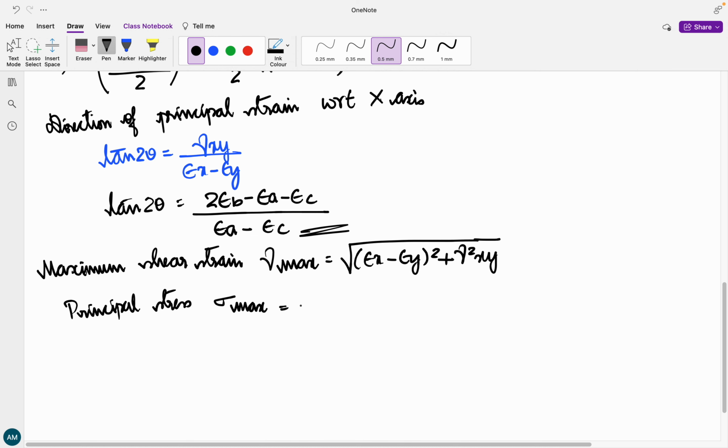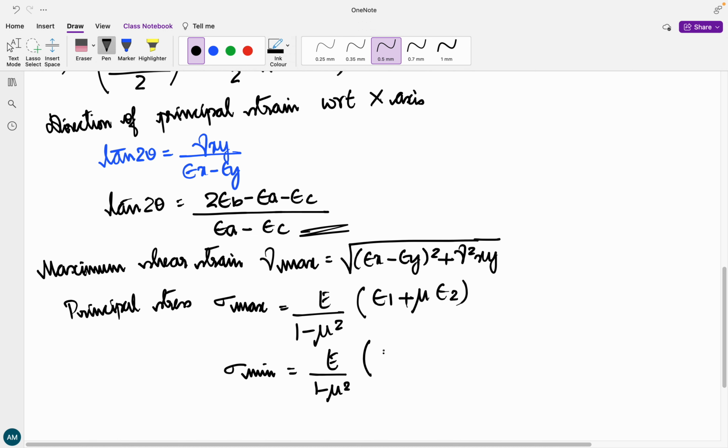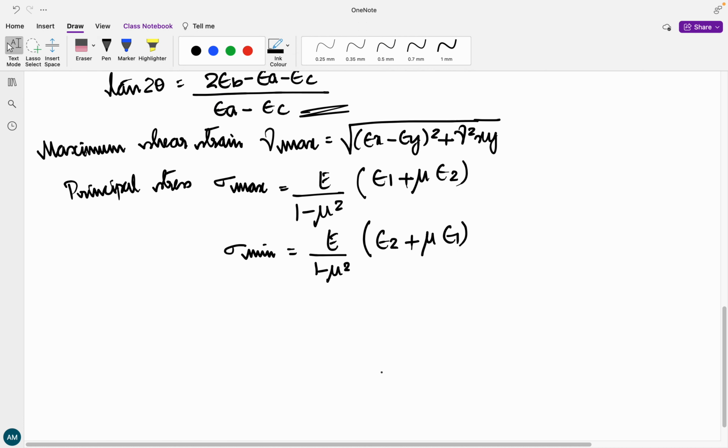So stress and strain are related like this. Sigma max is equal to E divided by 1 minus mu square, epsilon 1 plus mu times epsilon 2. Then sigma minimum is equal to E divided by 1 minus mu square, epsilon 2 plus mu times epsilon 1.